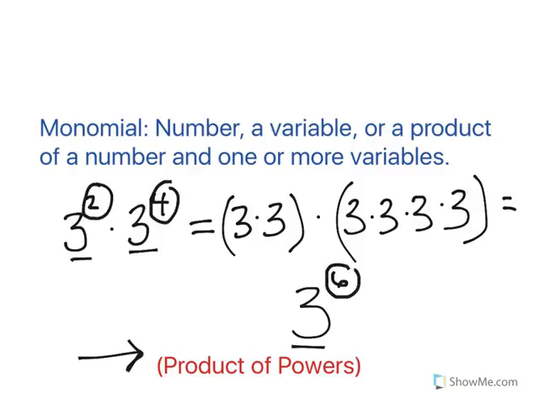So we can rewrite 3 to the second power times 3 to the fourth power into the monomial of 3 to the sixth power. So in this lesson, all we're doing is we're simplifying it into a base and an exponent by using that product of powers by just adding those exponents.